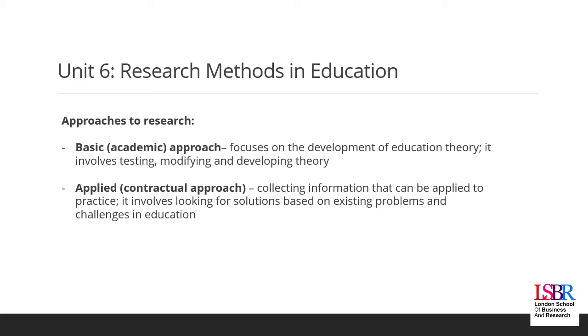What you are going to find particularly useful when it comes to Unit 6 is that you are going to learn how to actually plan a research proposal. There will be templates and drafts that you are going to be presented with, and you are going to be supported in creating a research proposal.